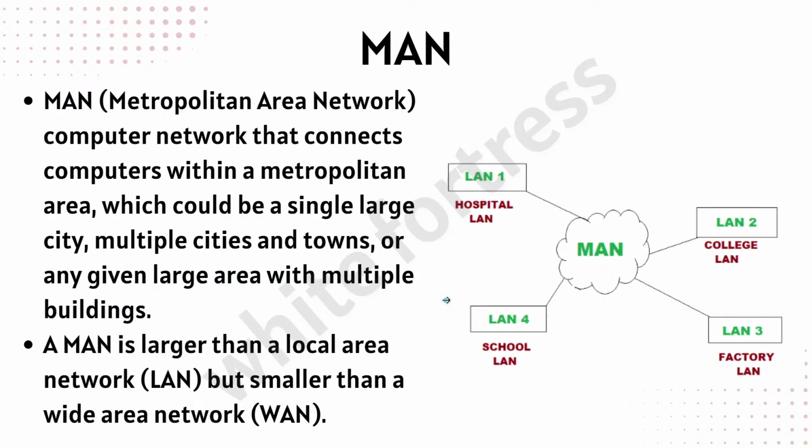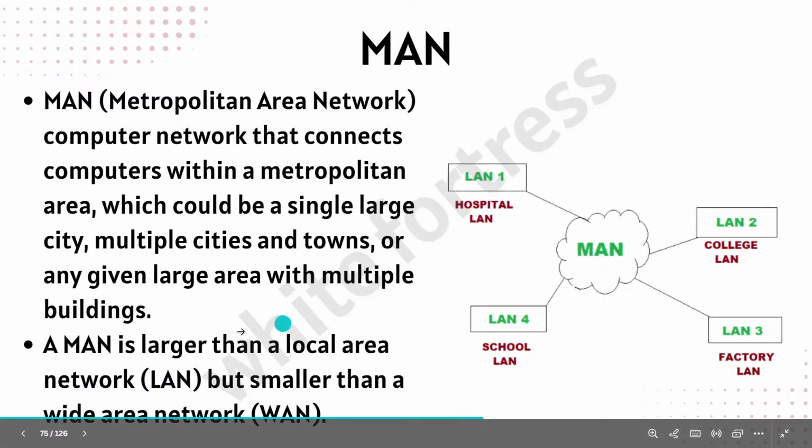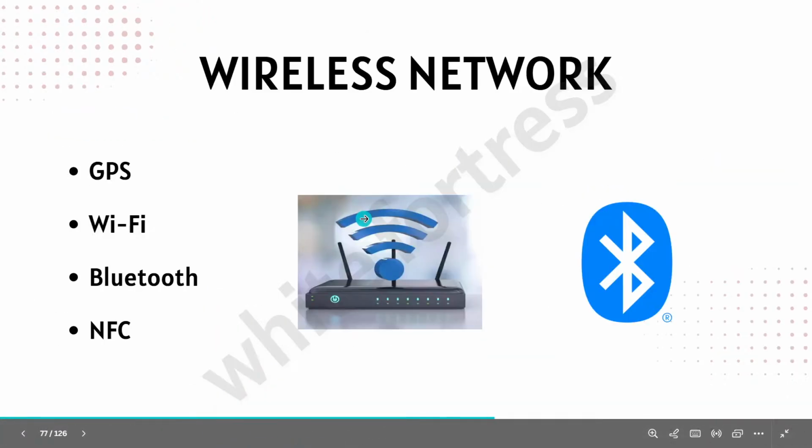Or for example, I have got a society and there are multiple buildings in it, and all the buildings' networks are ultimately connected to a single central unit, and I'm able to access the data of one building, another building, then a fourth building, something like this. A MAN is larger than the local area network but smaller than the wide area network.